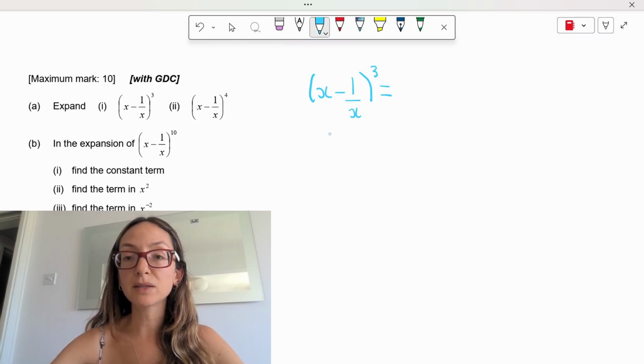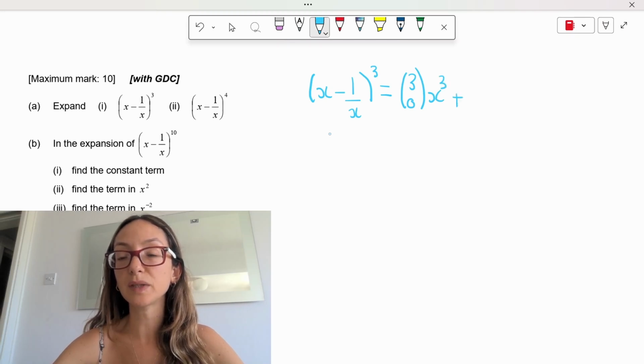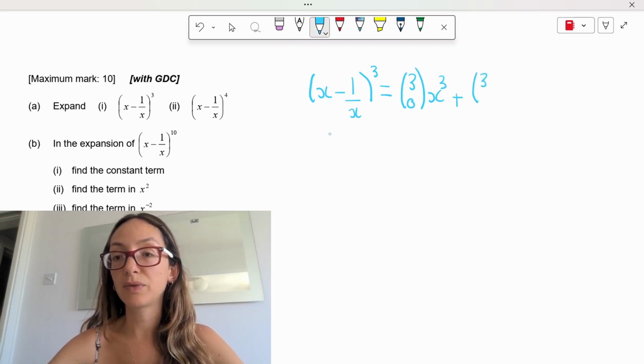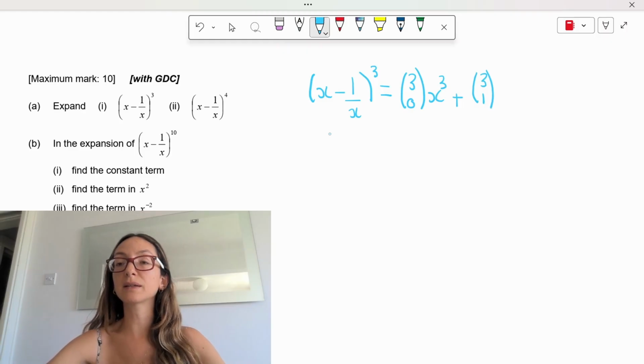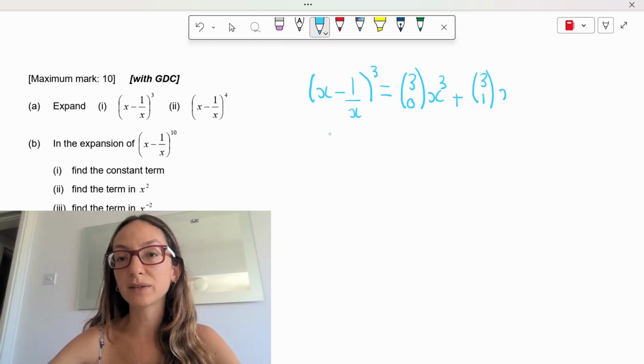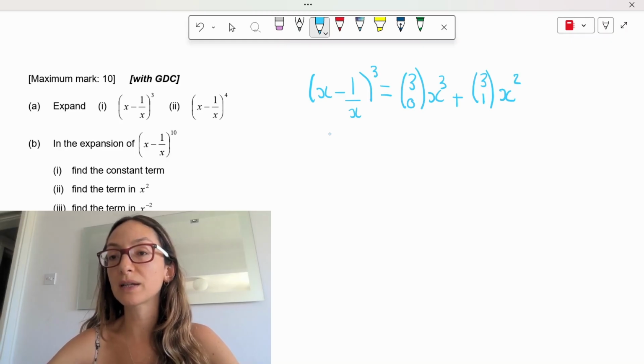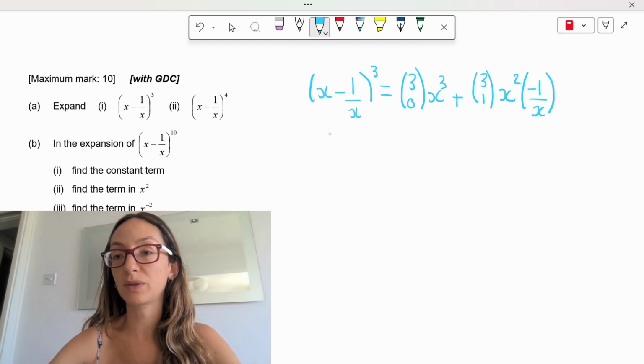Now let's expand. So we know that we first start with the Pascal triangle coefficient 3 choose 0, and then we have our first term x to the power of n, which is 3, plus 3 choose 1, which is the second coefficient in the Pascal triangle, x to the power of 2. And now be careful, this is not 1 over x, this is minus 1 over x. So make sure to include the minus with you.